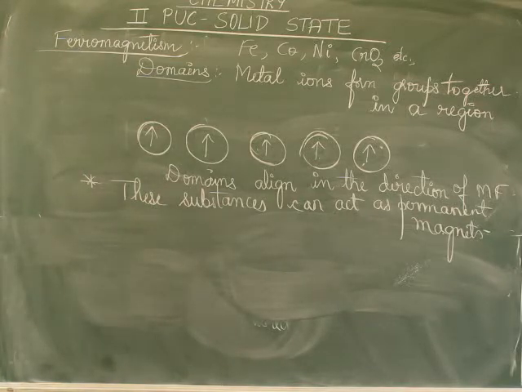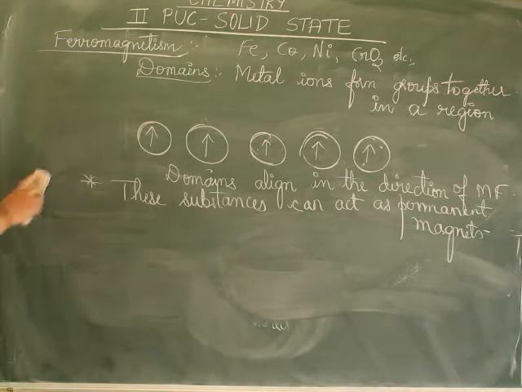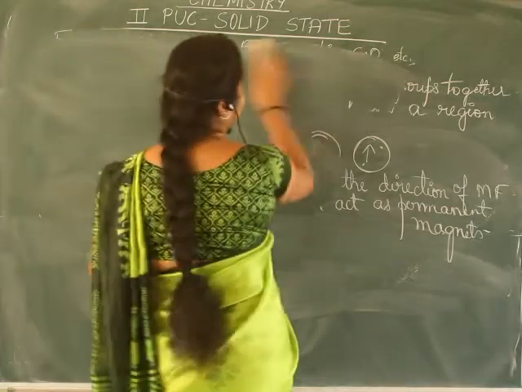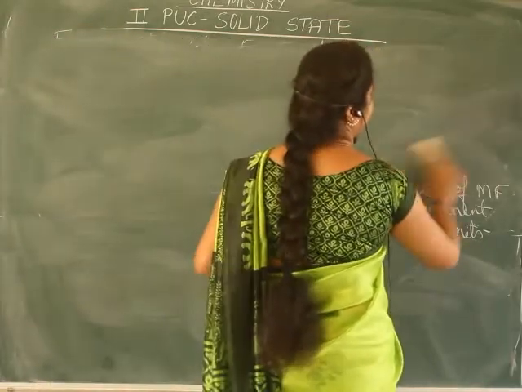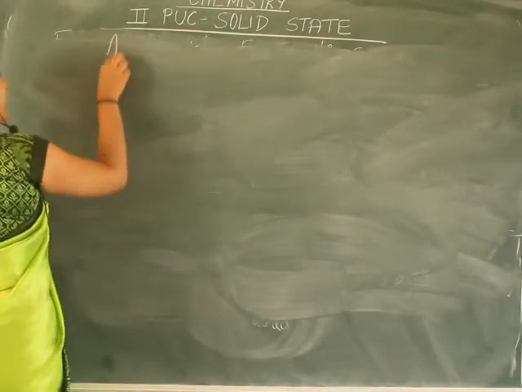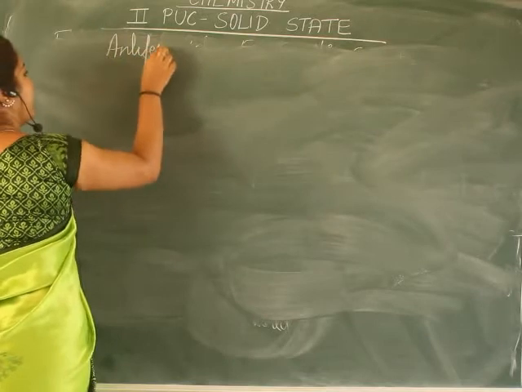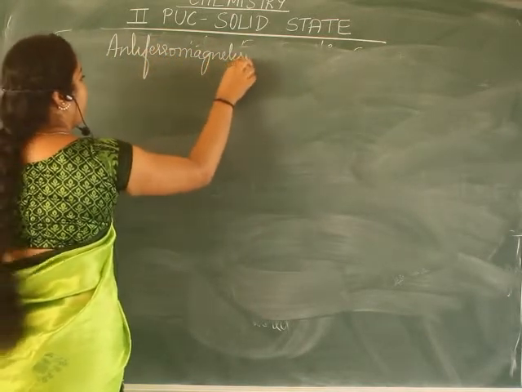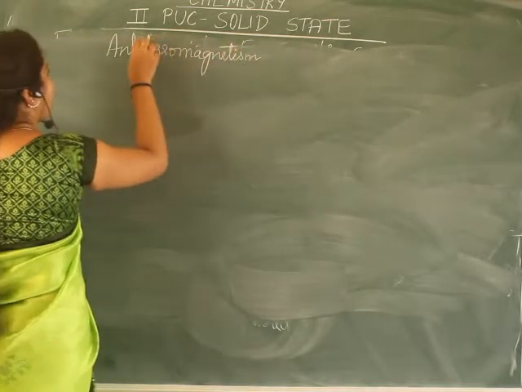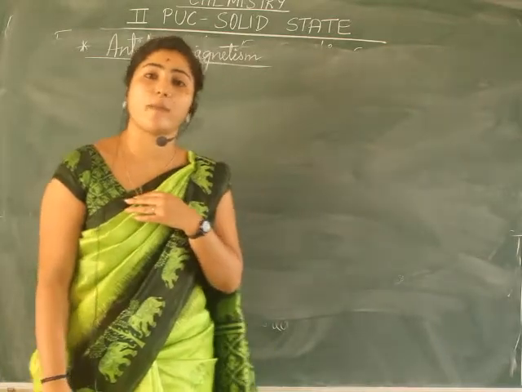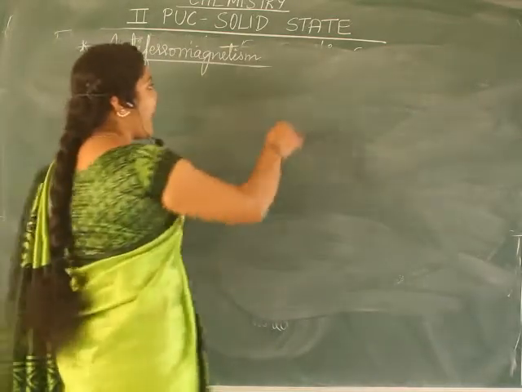Next is antiferromagnetism. The substances that show this property are called antiferromagnetic substances.